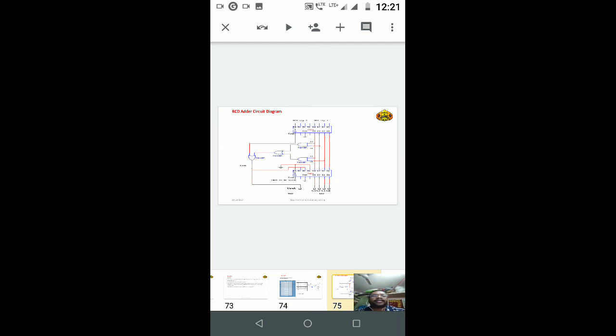So here we implement this. Y is equal to S3 S2, two variables with multiplication, so here you use the AND gate.